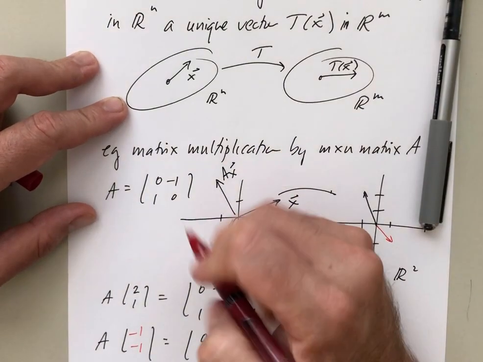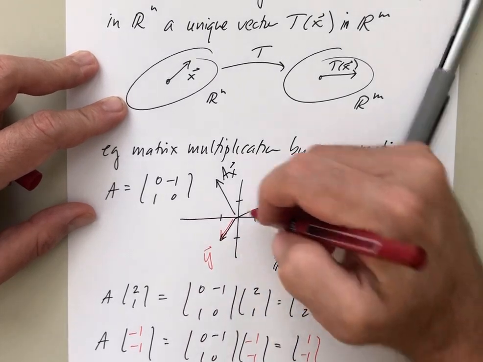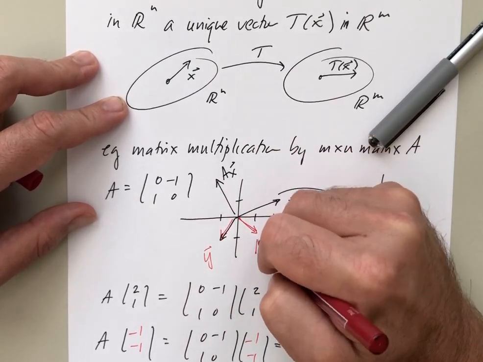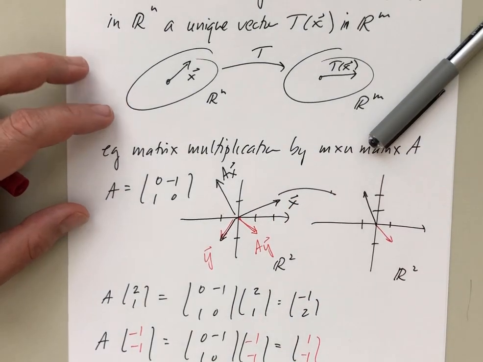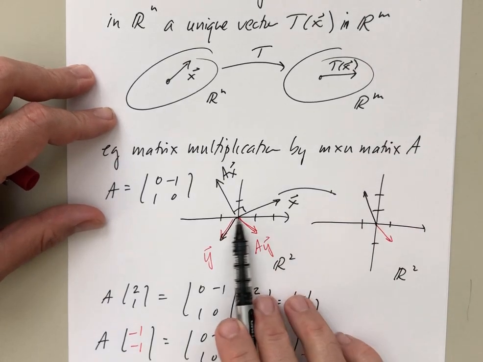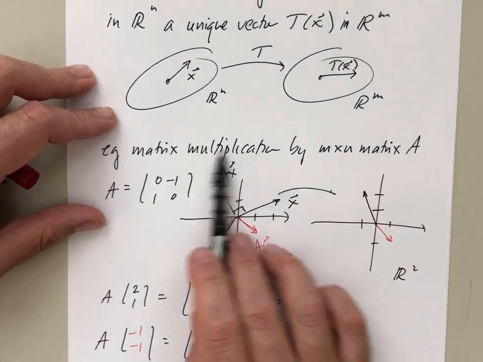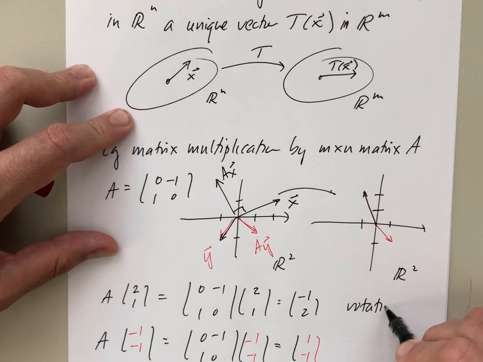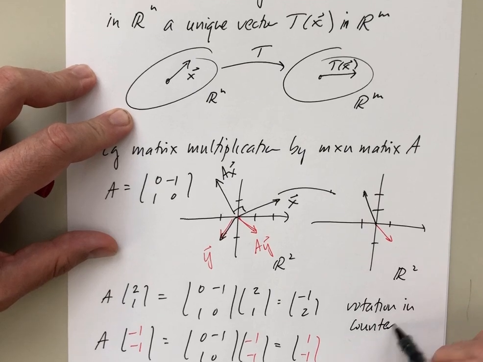And if this was, say, y, then when we applied A times y, we got this here. So this is A times y. So what you're seeing here, hopefully this is enough to convince you, is that this is just taking a vector and rotating it in the counterclockwise direction by 90 degrees.